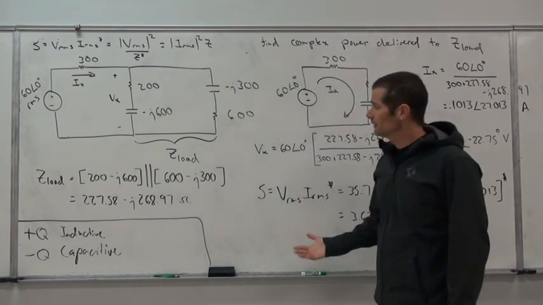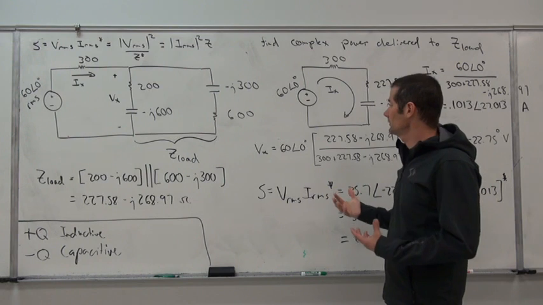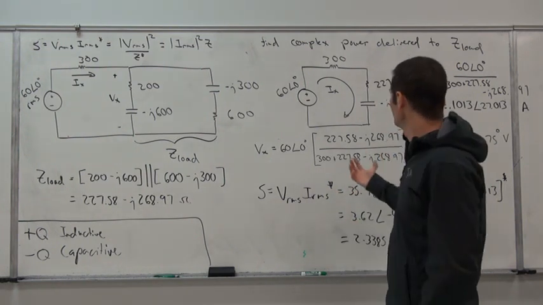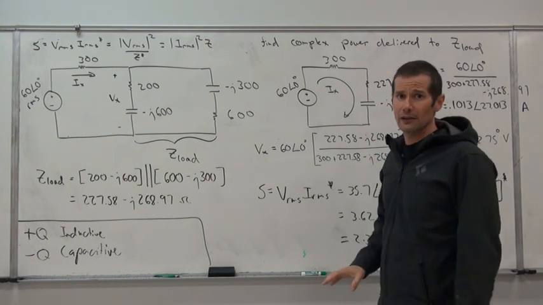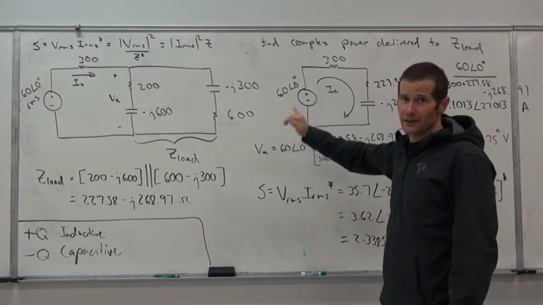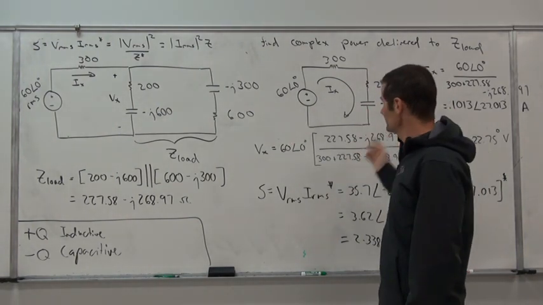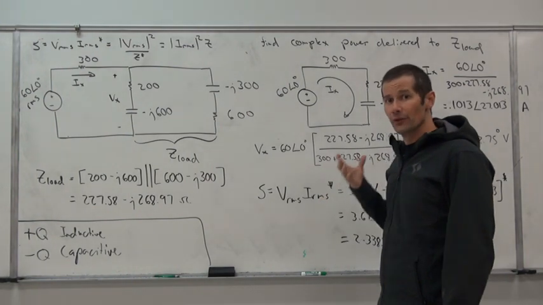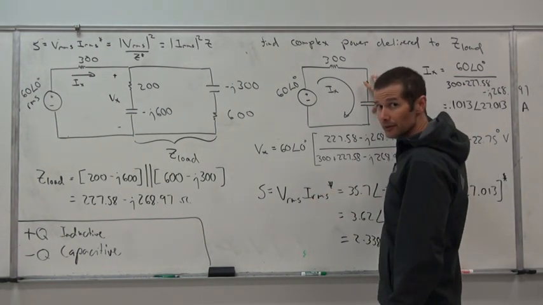And from here, we can not only perform voltage division to find the voltage across that impedance, but also garner the current flowing out of that source. By taking the current flowing through that equivalent and the voltage across it, we can know the total complex power being supplied to that load itself.